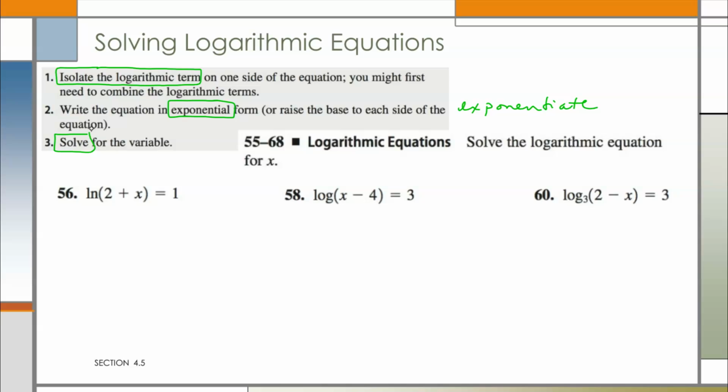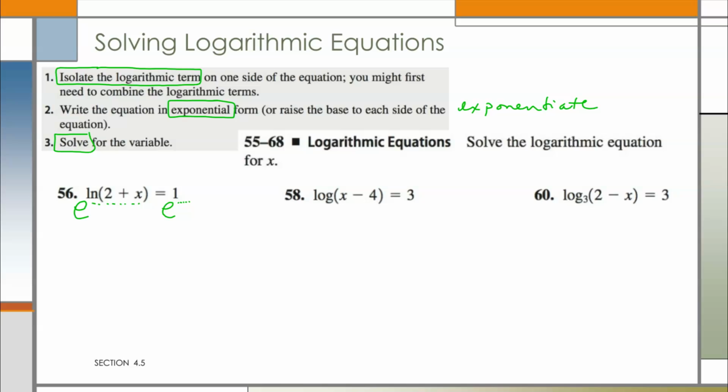Okay, problem 56, we have ln. What base is ln? ln is base e, so we're going to exponentiate both sides with e. This becomes the base e, and this becomes the exponent of e. This becomes the base e, and this becomes the exponent 1.